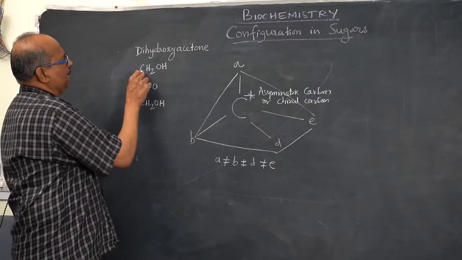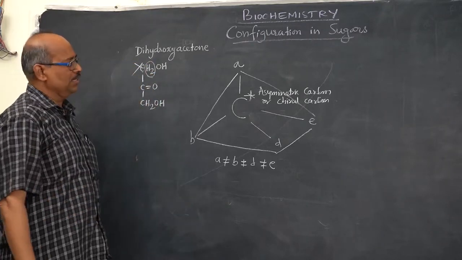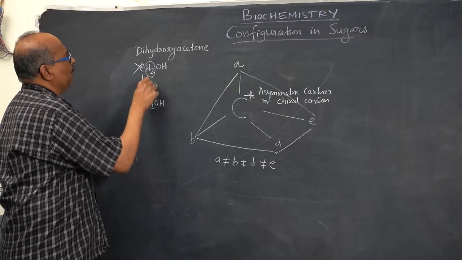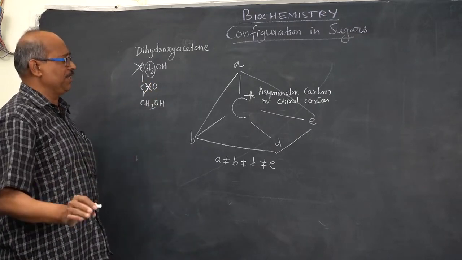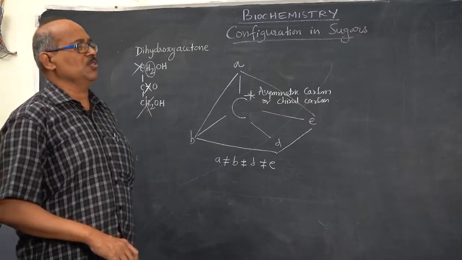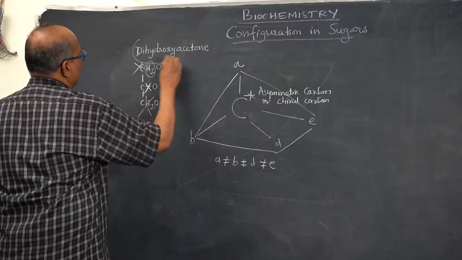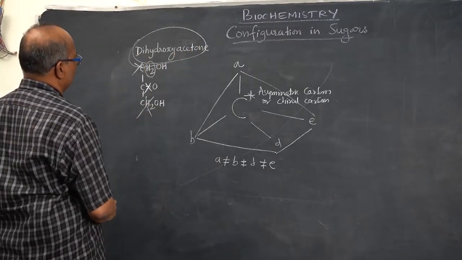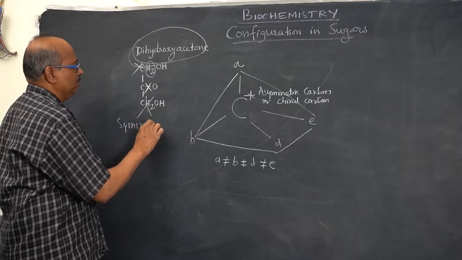Now if you take here, 2 atoms are hydrogen, so this cannot be asymmetric. If you take this, a double bond has come, so it cannot be. Double bond, triple bond carbons can never be asymmetric. And this, if you take again, we have 2 hydrogen atoms, so it cannot be asymmetric. That's why dihydroxyacetone is a symmetric molecule.